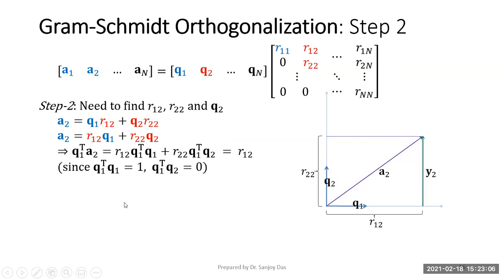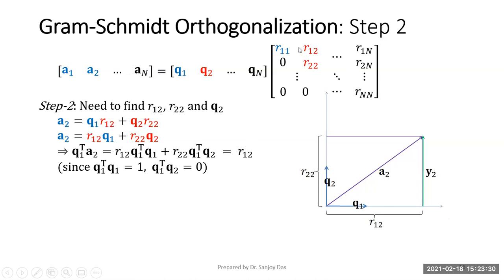R12. In fact, graphically, this R12 is a projection of A2 along Q1, right? So Q1 transpose A2 will give you the length of the projection R12.